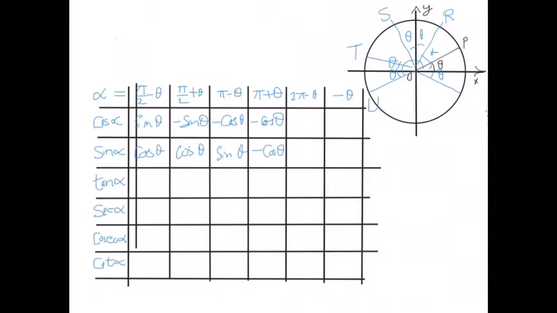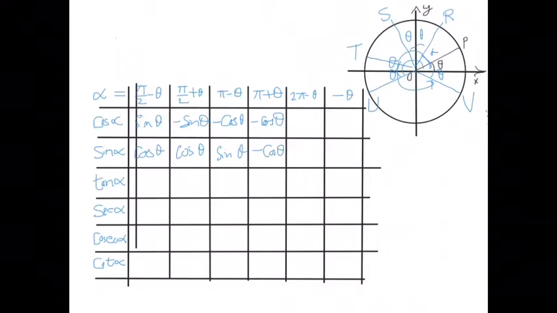Now, this angle 2 pi minus theta is what this line segment OV makes with the positive direction of x-axis, something like this. And here we can see that OV is the mirror image of OP around the x-axis.